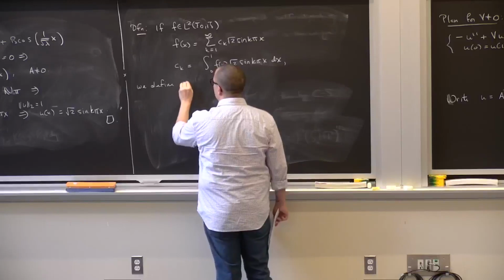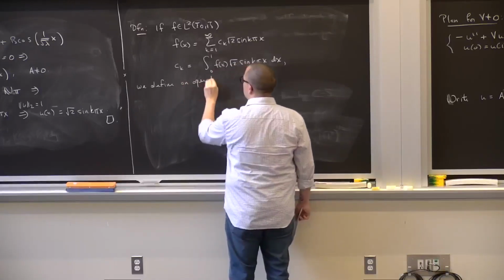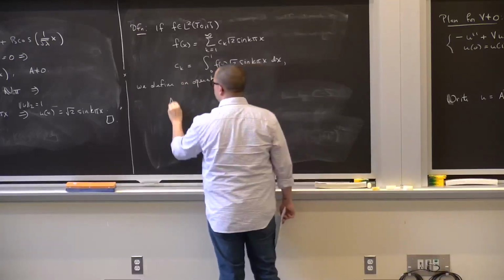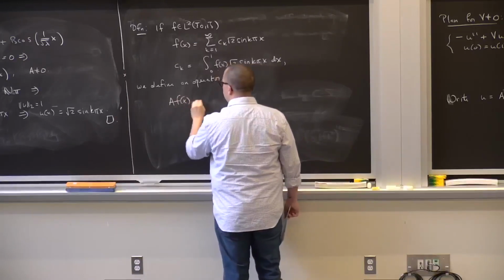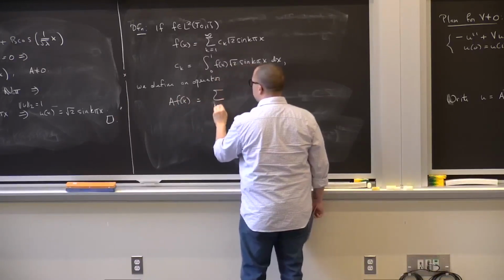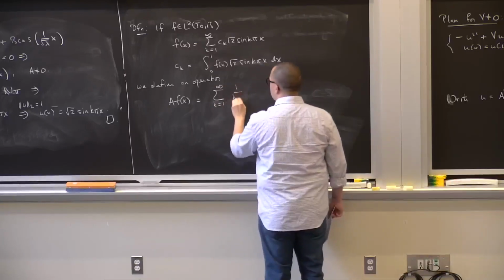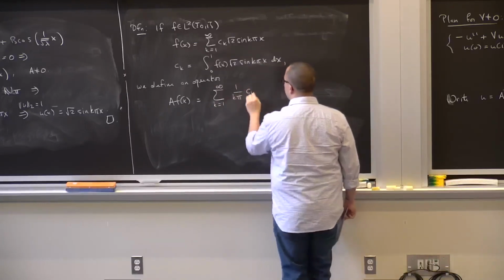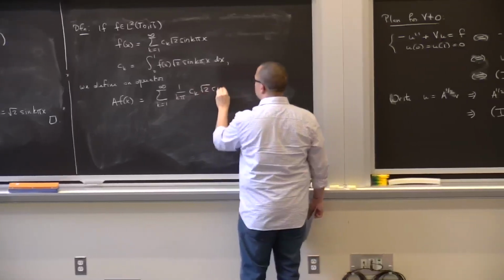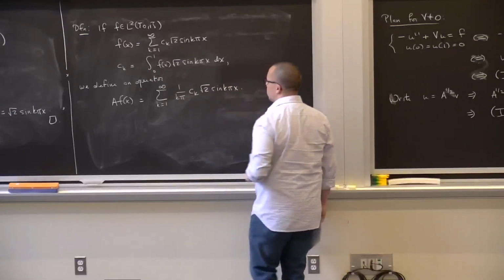We define the linear operator A to the 1/2 by A to the 1/2 of f of x equals the sum from k equals 1 to infinity of 1 over k pi times c_k times square root of 2 sine k pi x.